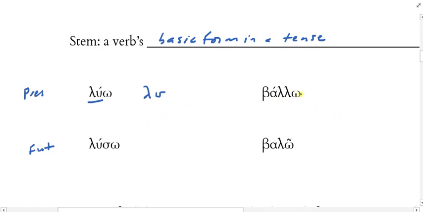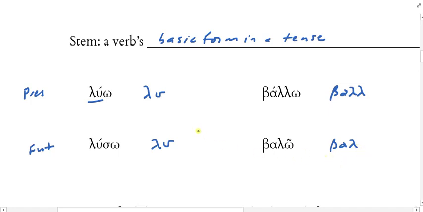The present stem of the verb luo is lu. For the future, the future stem is also lu. And for balo, which is the future first person singular of ballo, it's bal with one lambda.